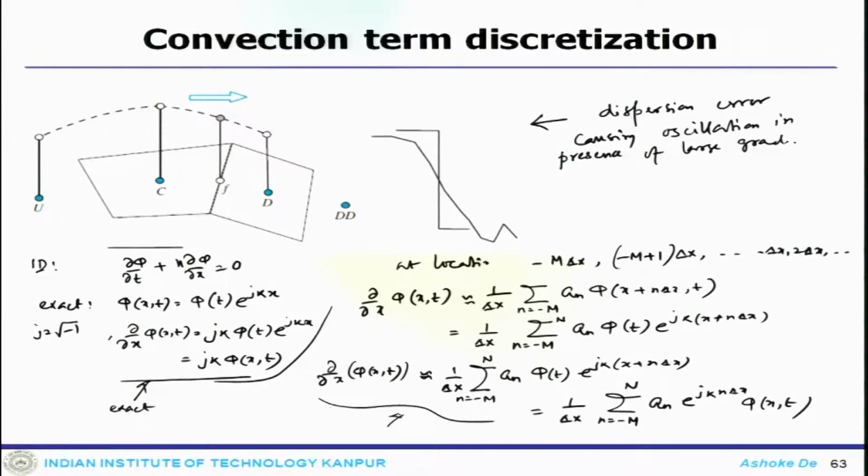Now, if you compare both of them together, one can find k equals minus j by delta x summation of n equals minus m to n of a_n e to the power jkn delta x. What you can get is that k is essentially an imaginary number.